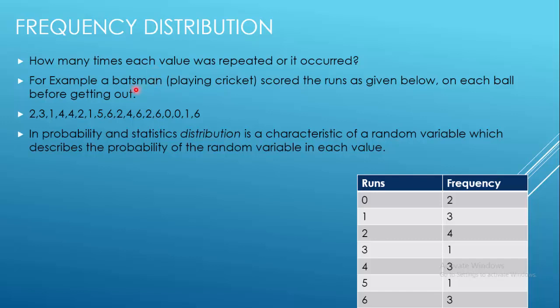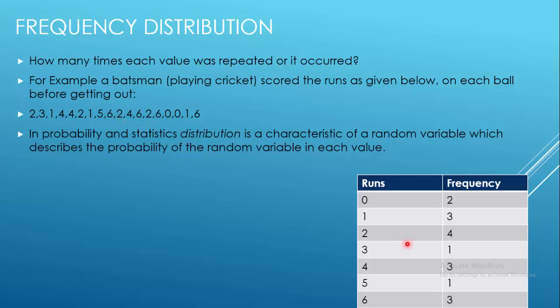So for example, a batsman playing cricket scored the runs as given below. So on the first ball he scored 2 runs, on the second ball he scored 3 runs, and on the third ball he scored 1 run, and so on. And this is the scoreboard of that batsman. So what we'll do is determine how many times he scored 2s. As you can see here, 1, 2, 3 and 4.